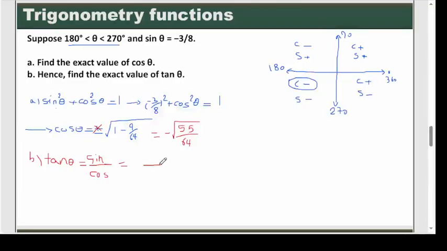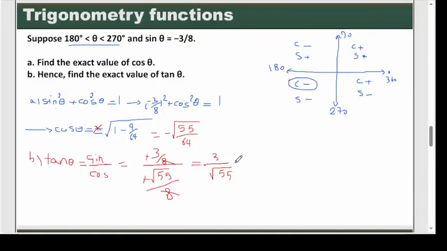I substitute the values: negative 3 over 8 over negative square root of 55 over square root of 64, which gives me 8. I cancel out this 8 and this 8, and I cancel out the negative signs. So I will have 3 over square root of 55.